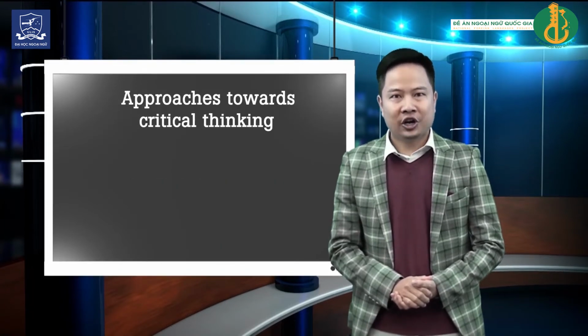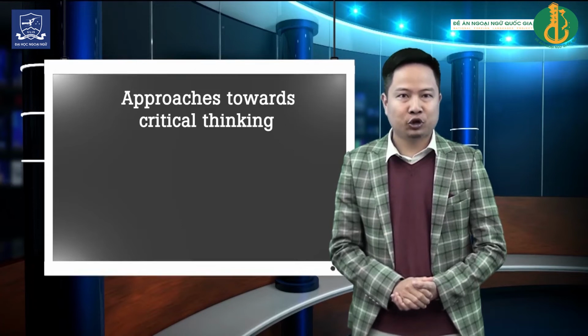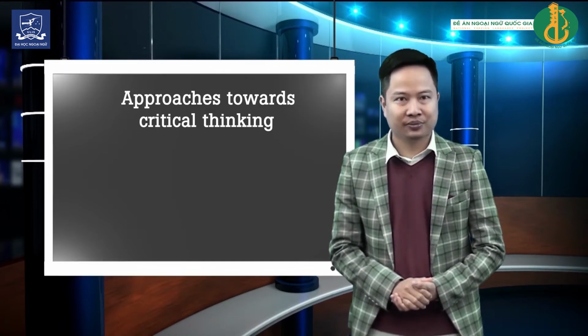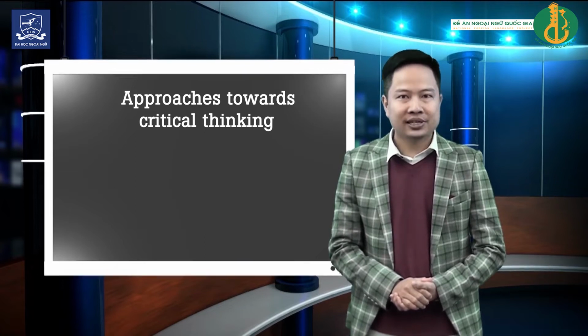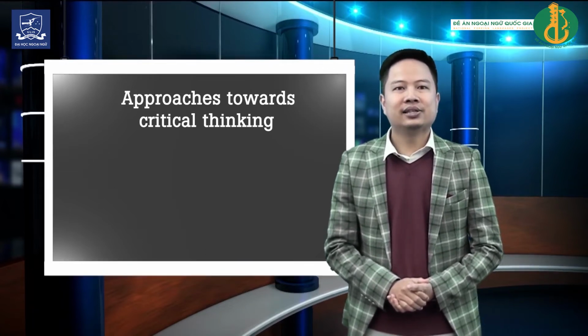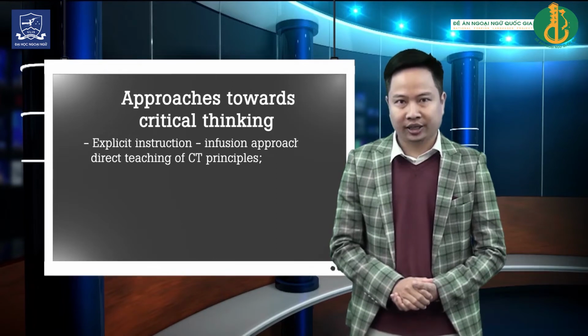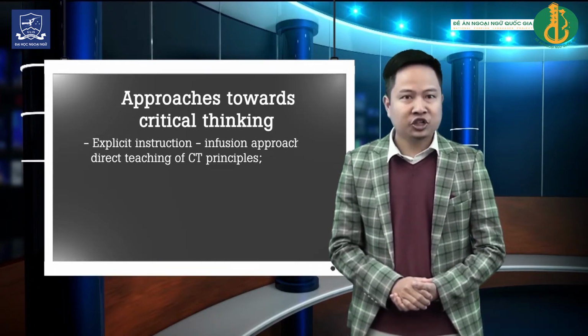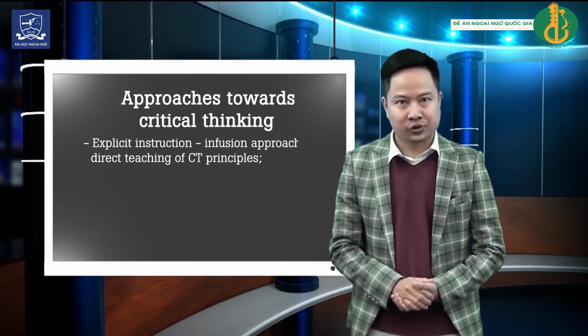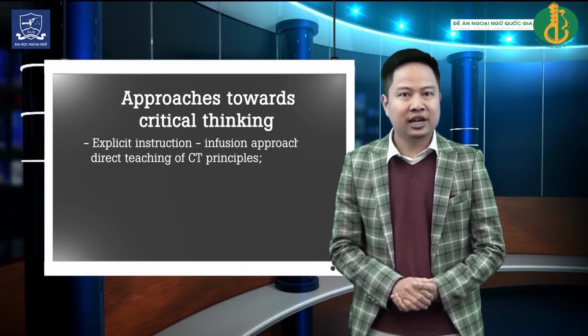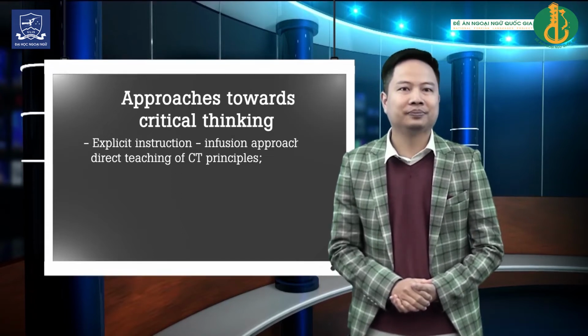In the integration of critical thinking into subject courses, two general approaches are frequently discussed: explicit and implicit instruction. The explicit instruction, also named the infusion approach by Ennis in 1989, called for the direct teaching of critical thinking principles, especially those related to the subject area.